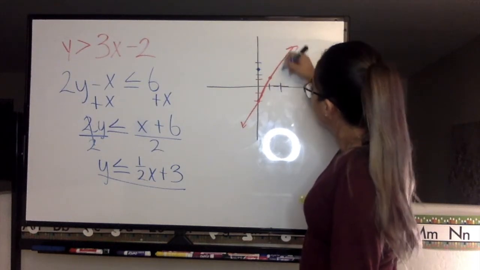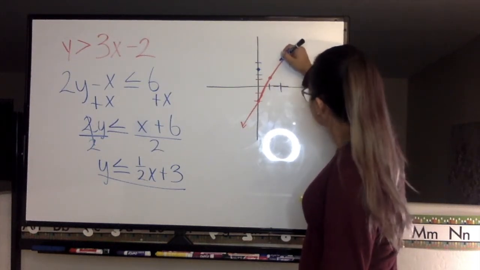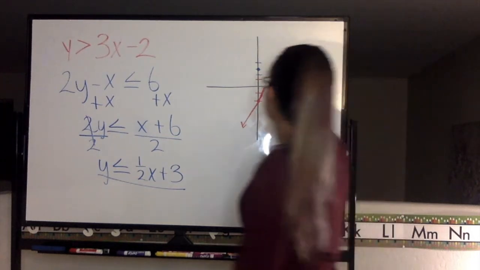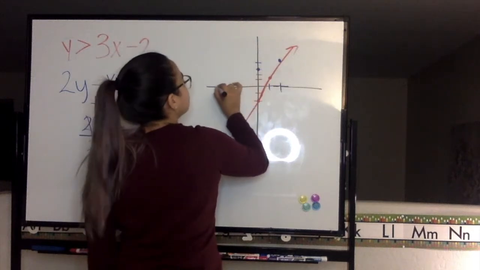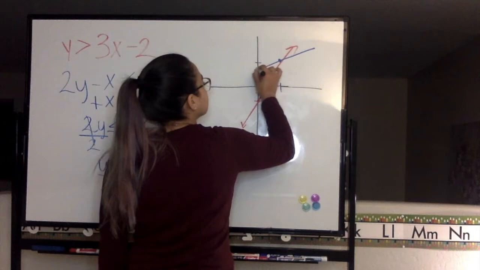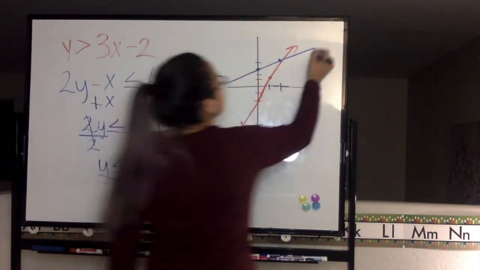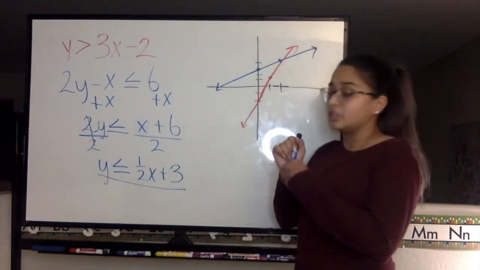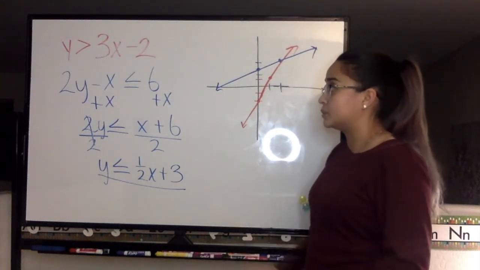Here's a 2. So right about here. And let's draw our lines. Like so. Now, let's look at our inequality symbols.